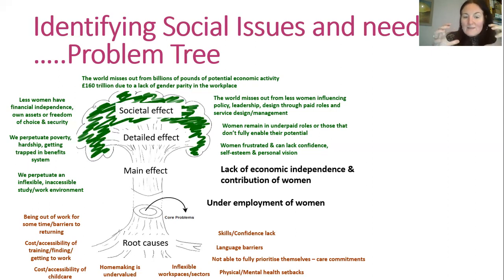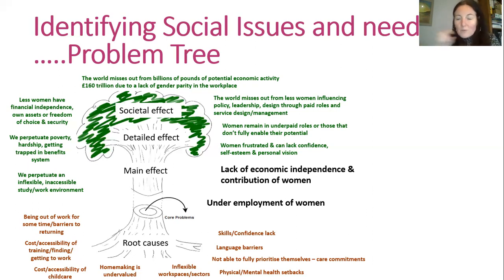So root causes, you might think of your own here, and clearly I'm showing you this example so that you can sit down, doodle out your own tree and think, right, I'm tackling knife crime, or drug and alcohol rehabilitation, or people are stressed, people are anxious, people are affected by loss and bereavement.